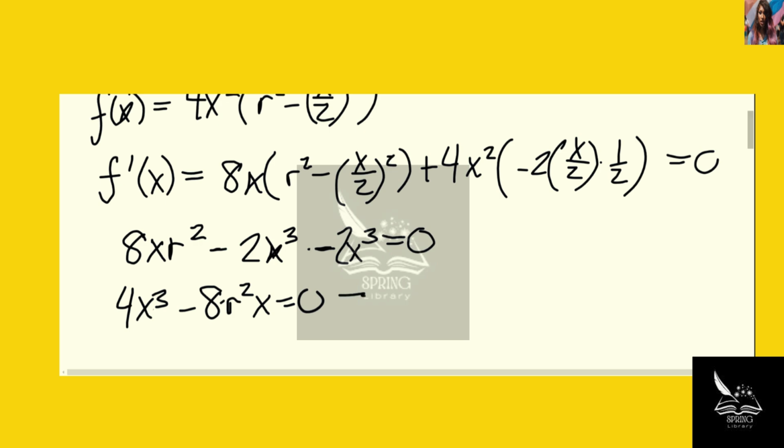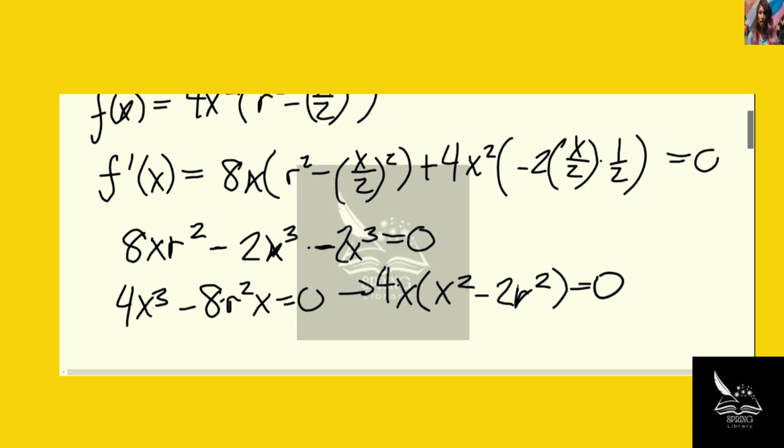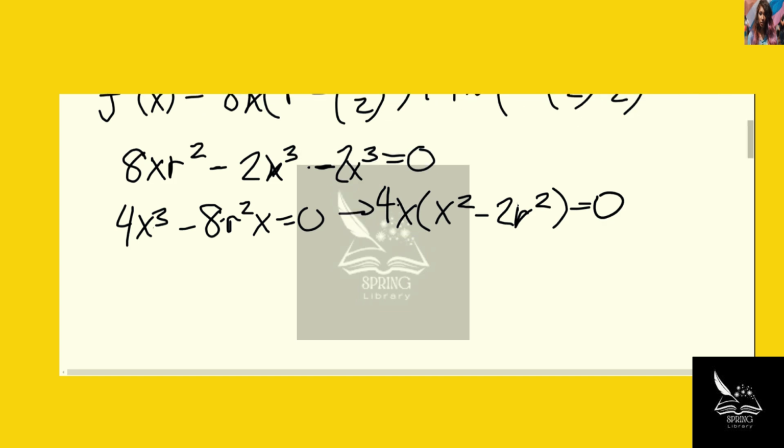We can solve by factoring. We get 4x times (x squared minus 2r squared) equals 0. This can also be factored as 4x times (x minus root 2 r) times (x plus root 2 r).